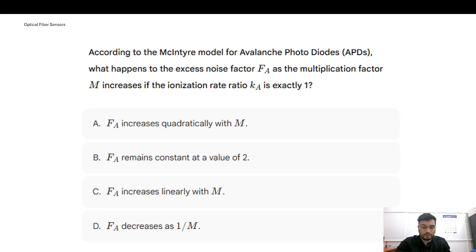Are you able to follow? I think you have seen that equation, whatever I have written.